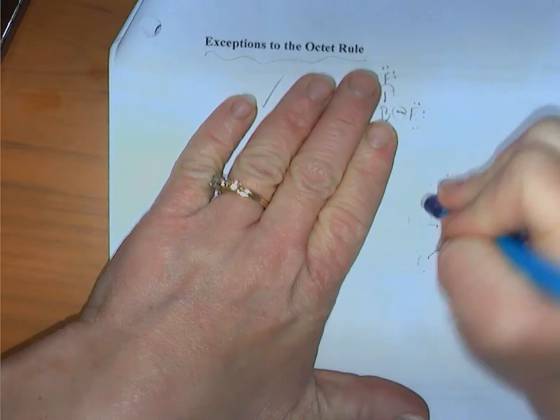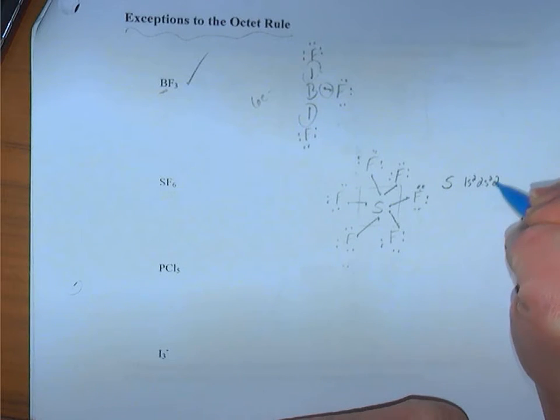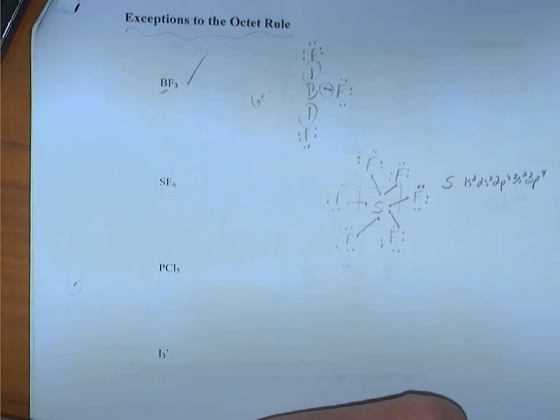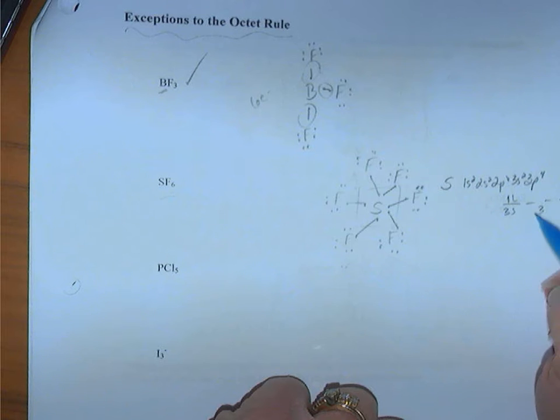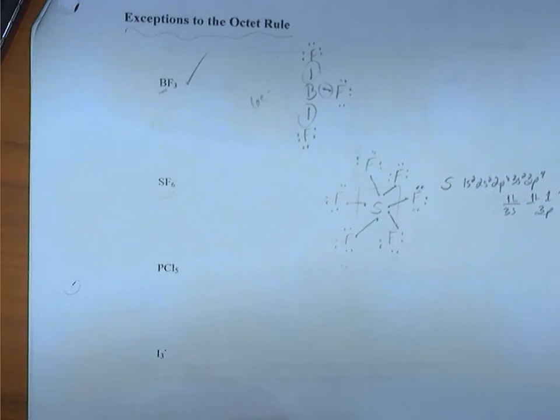Give this one back. But my sulfur, my goodness, now has 12 electrons on it. How can that be? Well, sulfur's electron config is 1s2, 2s2, 2p6, 3s2, 3p4. How on earth, if these are the 3s, how and where can it be sharing all these electrons?